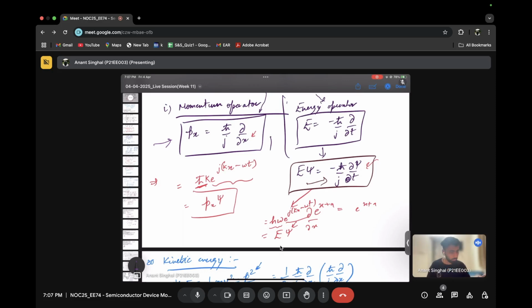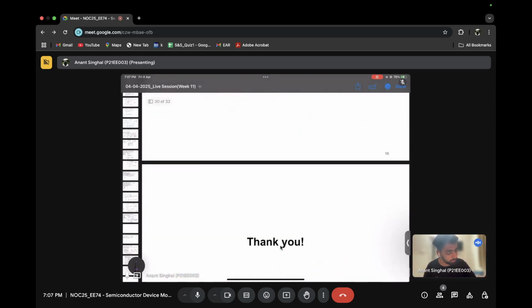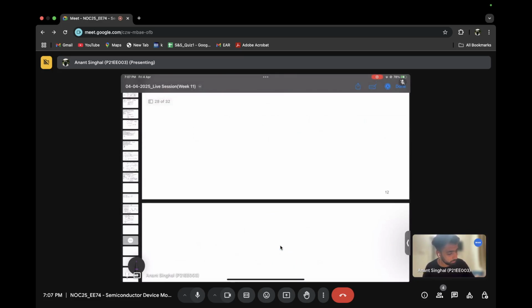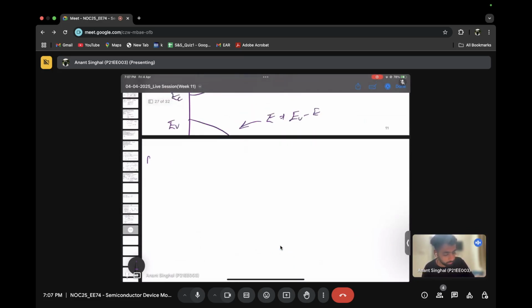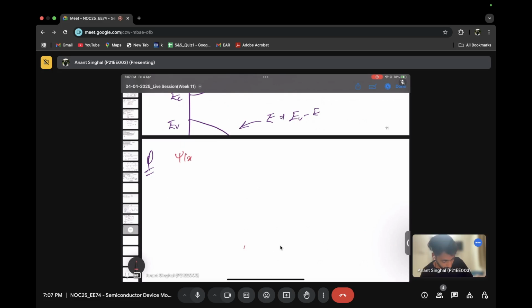Yeah, so I have got one problem. Let's do that also quickly. This is a good problem. I guess this is also in the assignment. So the question is, we have the potential energy. Okay, no, we don't have. The wave function of the particle is given. It is A x times the exponential of minus x square by L square.